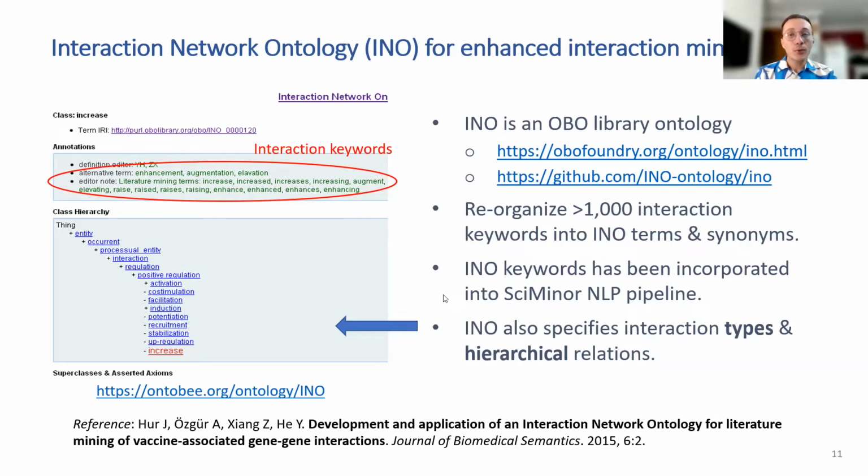Furthermore, INO also specifies the interaction types and hierarchical relations. Here, increase is a type of induction, which is under positive regulation. And positive regulation belongs to interaction type, and interactions are processual entities, and all of them fall into the entity category.